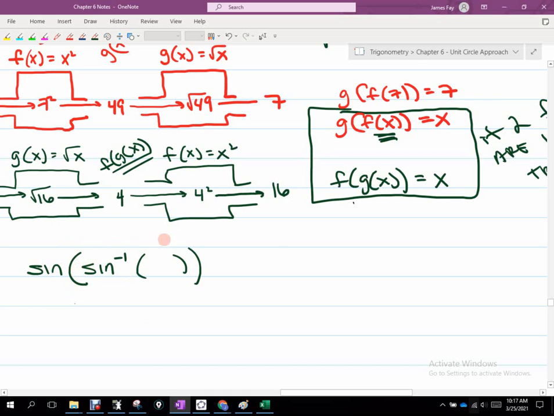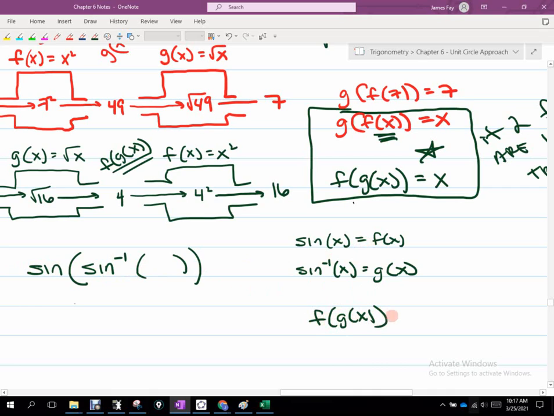Okay, what that is saying, let's say that sine of x is, let's call that our f of x, and let's say sine inverse of x is our g of x. We know by the way they're named, they're inverses, so this rule right here should apply. Okay, so what we've got then is this scenario here would be f of g of x. Does that make sense, everybody?